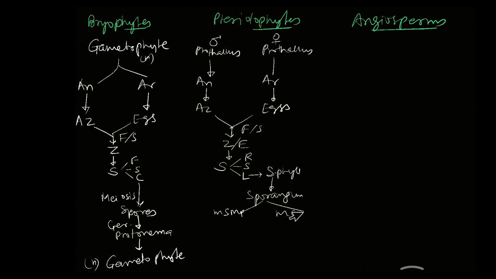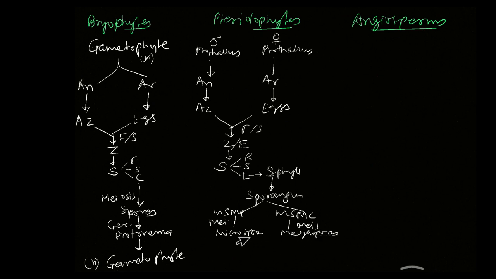After the meiosis division, these microspore and megaspore mother cells are converted into microspores and megaspores.